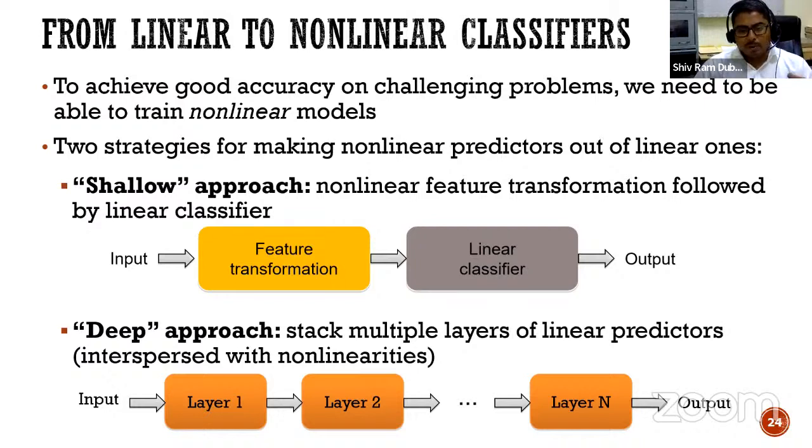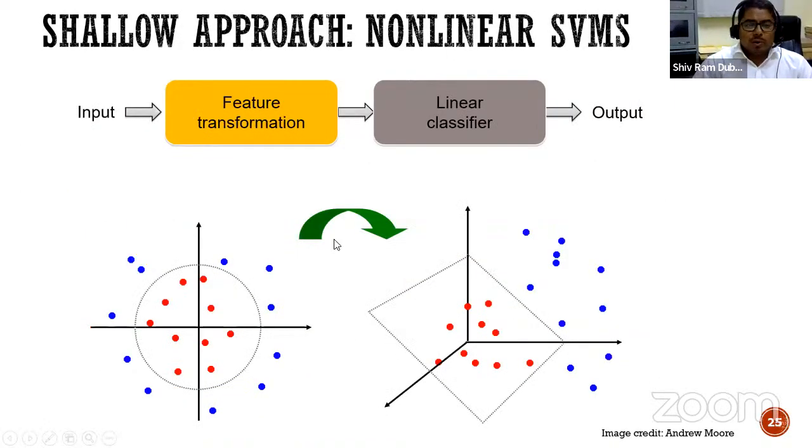In this deep approach, we will have linear layers, and in between these linear layers we will also have some non-linearity layers. Because if we have non-linearity layers, only then can we project our input into a space where it can become linearly separable. What is the meaning of linearly separable?